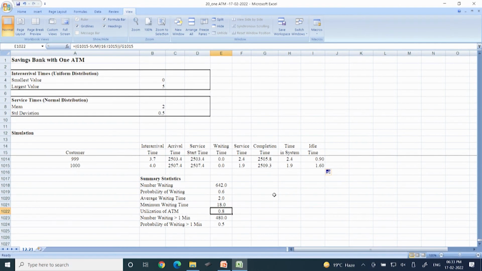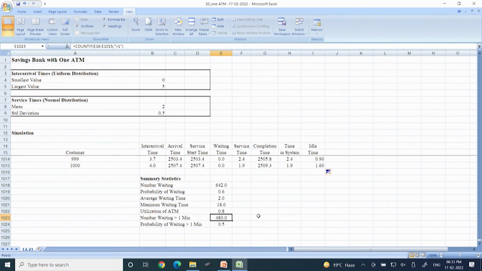The next one, number of people waiting more than 1 minute. I have counted how many times people are waiting more than 1 minute. That means 480 customers out of 1000 customers are waiting more than 1 minute.